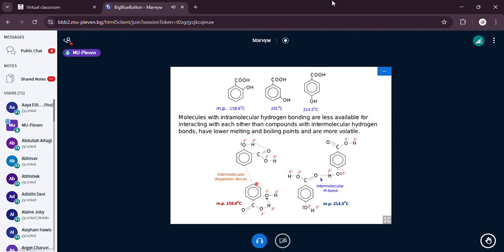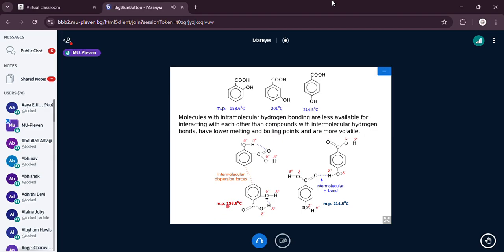But if we have para-hydroxybenzoic acid, between molecules of para-hydroxybenzoic acid intermolecular hydrogen bonds exist. That's why we can compare melting points of these two hydroxybenzoic acids.